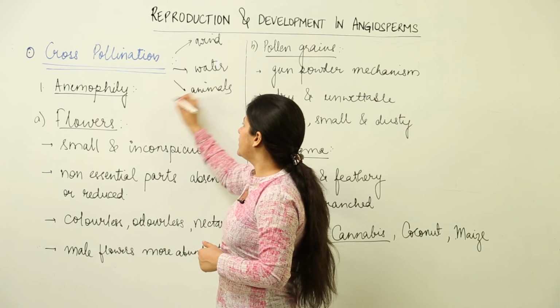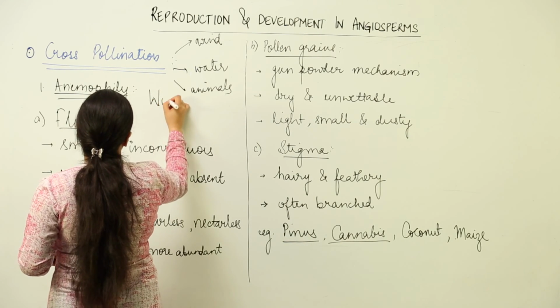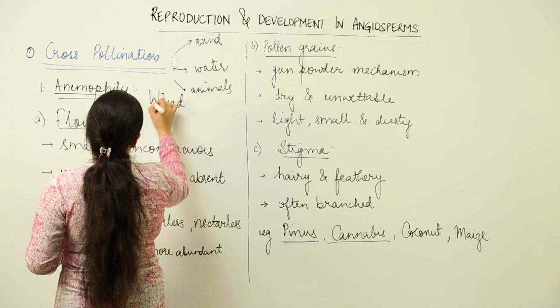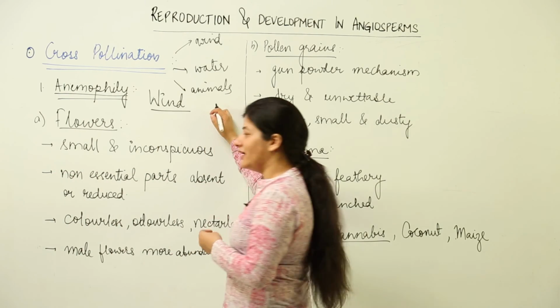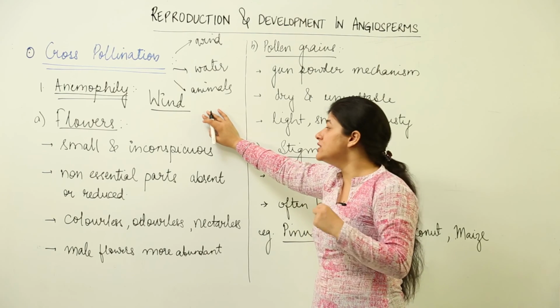Alright, so over here we are going to see wind pollination, that how wind assists in pollinating a flower, that means carrying away the pollen from the anther and taking it to the stigma.